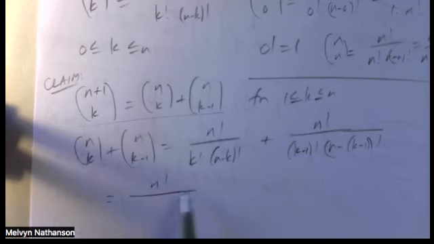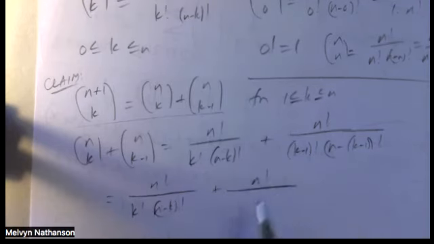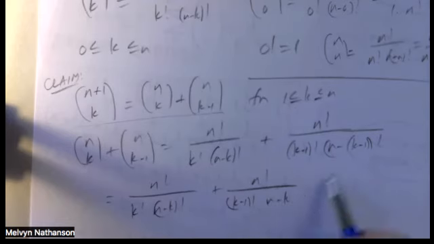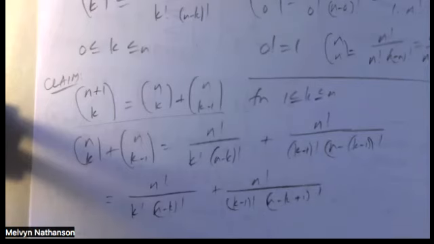This is n factorial over k factorial n minus k factorial plus n factorial over k minus 1 factorial, and this is n minus k plus 1 factorial. So I'm adding fractions. Let me try to put them over a common denominator. k factorial is the product of the integers from 1 to k. So that's k minus 1 factorial times k.